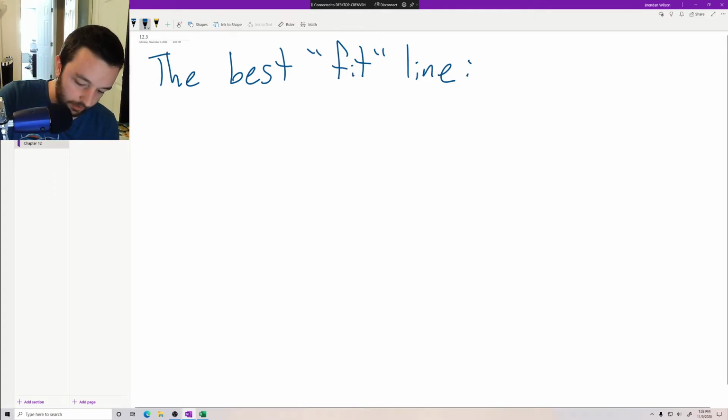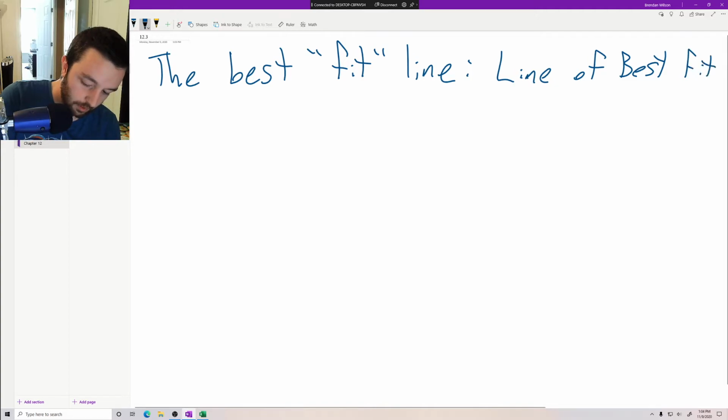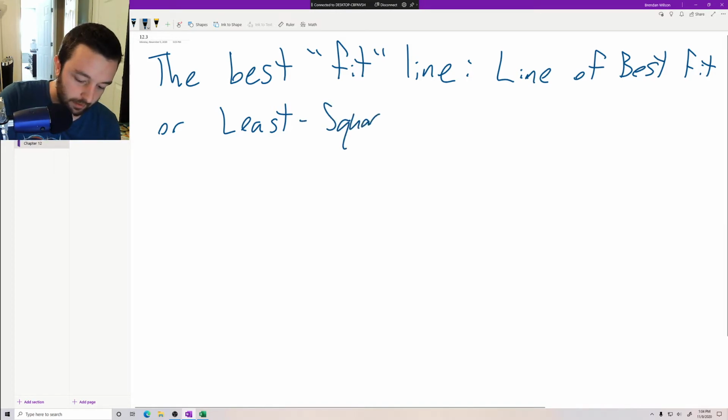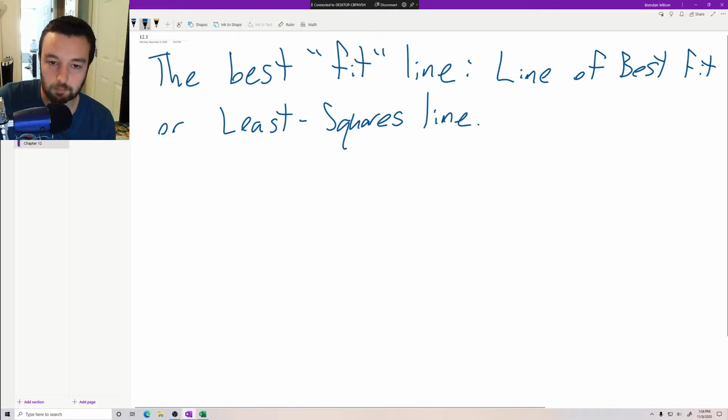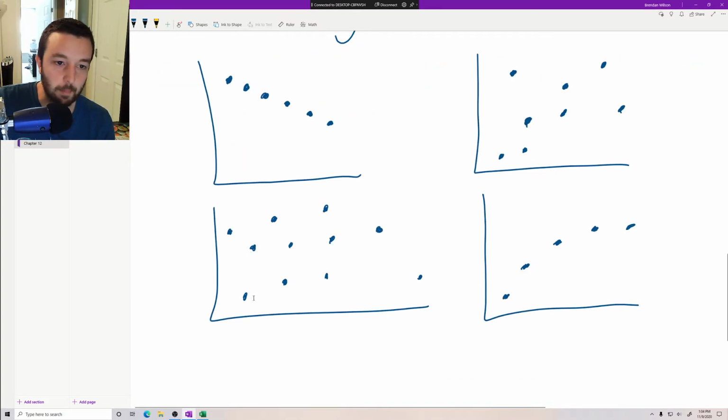Which is called the line of best fit, or the least squares line, which is derived from the method that's used to come up with the line. So we're looking for the line that best fits through this data, meaning that it is the closest it could possibly be to every point.